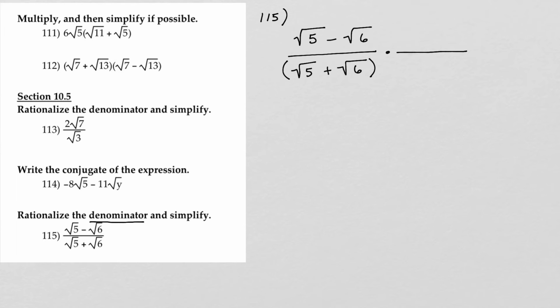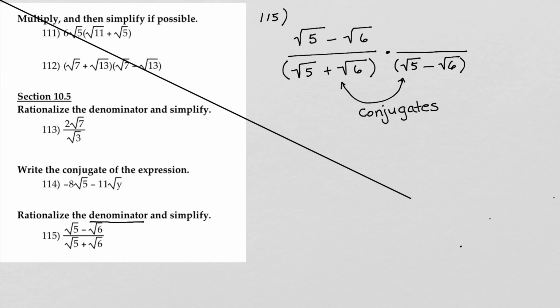If it had said rationalize the numerator, I'd be multiplying by the conjugate of the numerator. So just like in the previous question, I changed the sign. So it's going to be square root of 5 minus the square root of 6. That's because these are conjugates of each other, not because of anything involving the numerator.